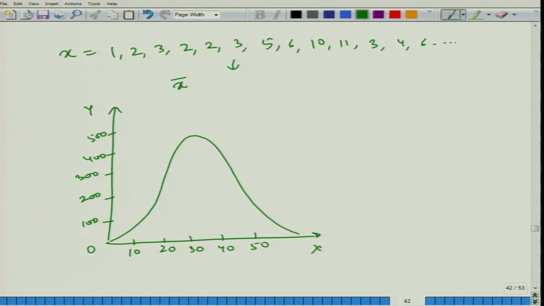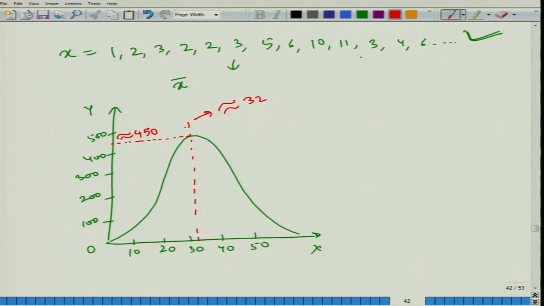Now, if I ask you what the mean was, it would be computationally intensive to calculate, but here you would very easily say that the mean is close to around 32. If I asked you how many values of y corresponded to this value of x, you would very easily tell me somewhere around 450. So, this makes understanding of the data very intuitive.